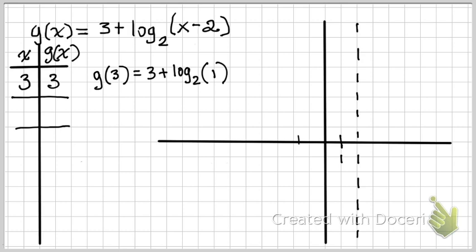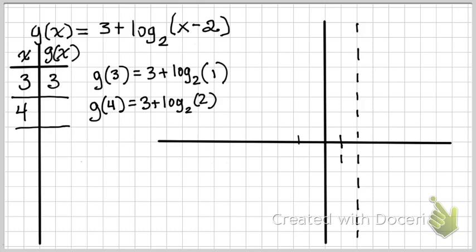Now watch for my second convenient point. It is going to be when I have log base 2 of 2, so I'm using 4. G of 4 is equal to 3 plus log base 2 of 2.